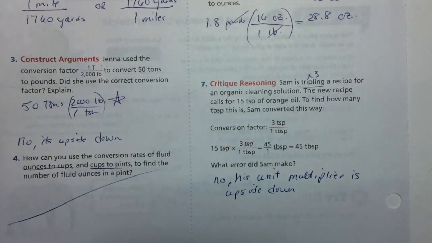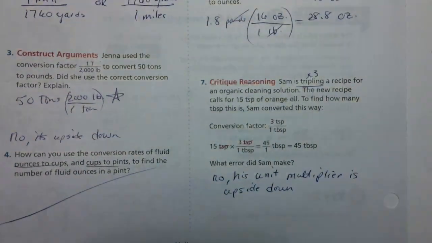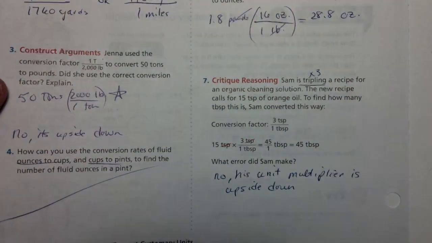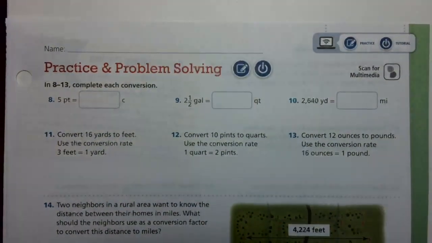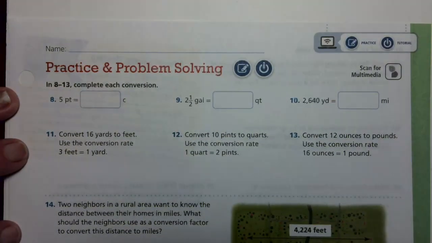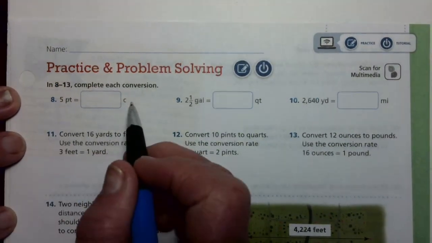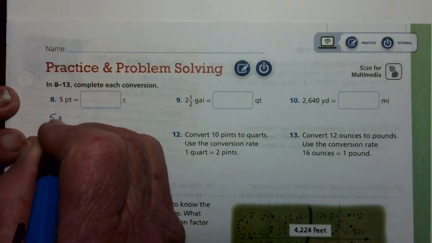We're going to take 2 days to work on this lesson because I want you to get this dimensional analysis down really good. So for the rest of today, I want you working on practice and problem solving. You may have to get some lined paper in order to have enough room to do this, because you're changing pints to cups. So you've got to start with your 5 pints.